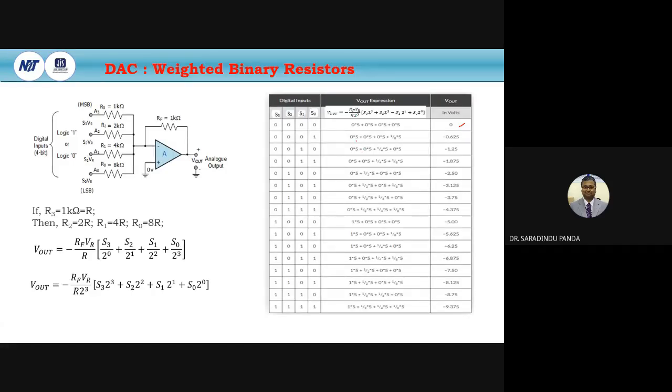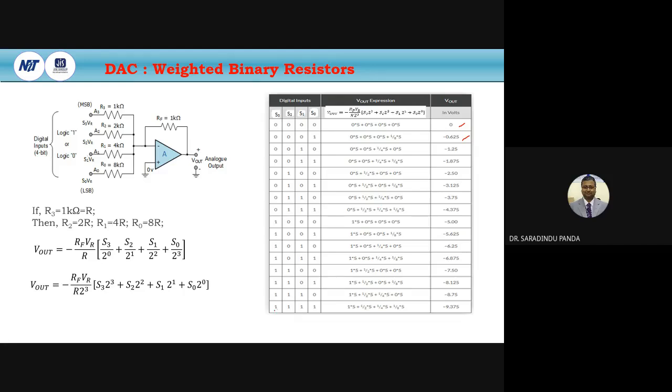So 0 into 5 plus 0 into 5 plus 0 into 5 plus 1 by 8 into 5. The output voltage is almost minus 0.625 volt. So for the DAC input of digital 0001, the output is minus 0.625 volt.